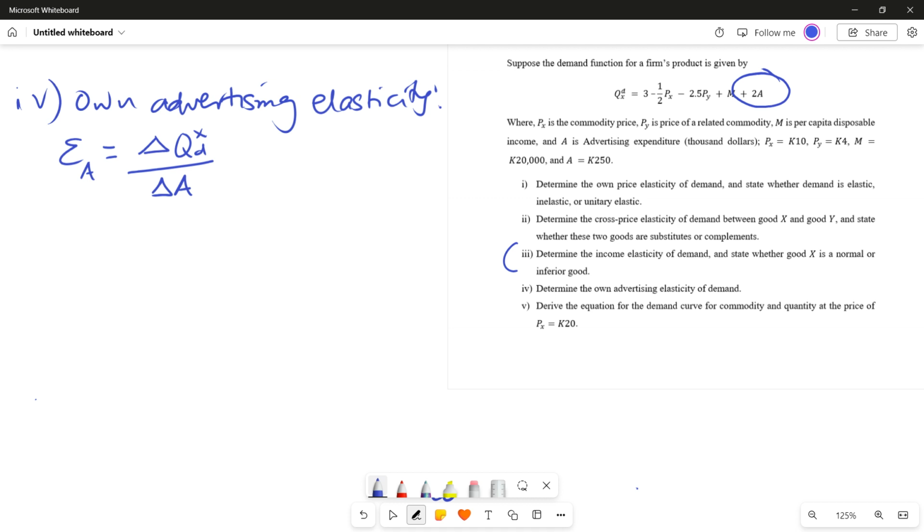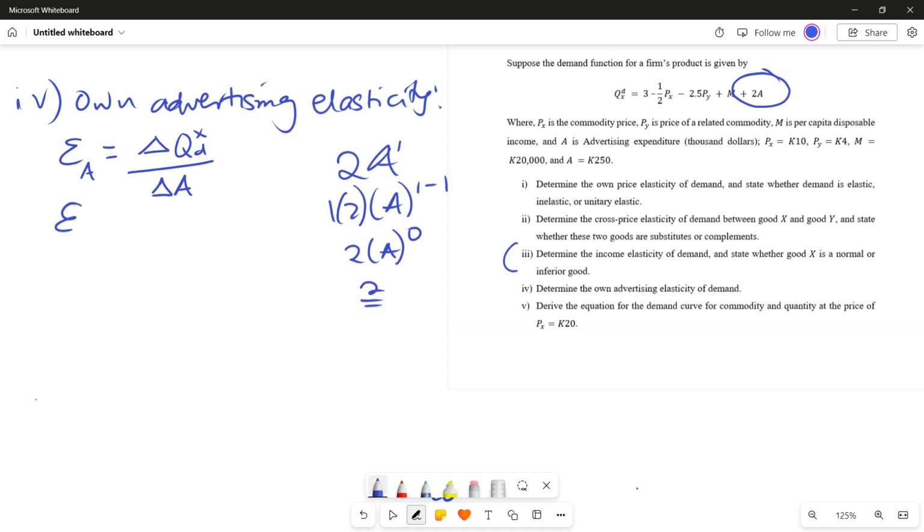We'll have to differentiate this 2A with respect to A. We know that A is raised to power 1, so that's going to be 1 times 2 multiplied by A. From the power of A, we remove a 1. So this will be 2 multiplied by A raised to power 0, and anything raised to power 0 is just a 1. So this will just be 2.